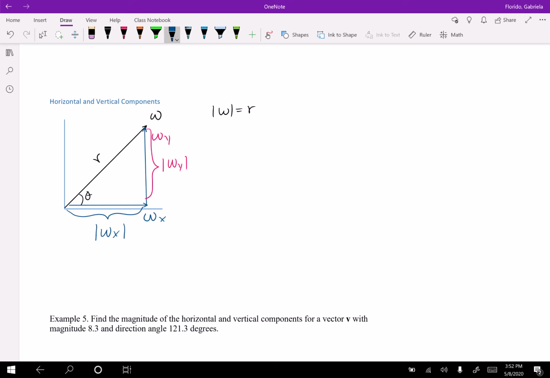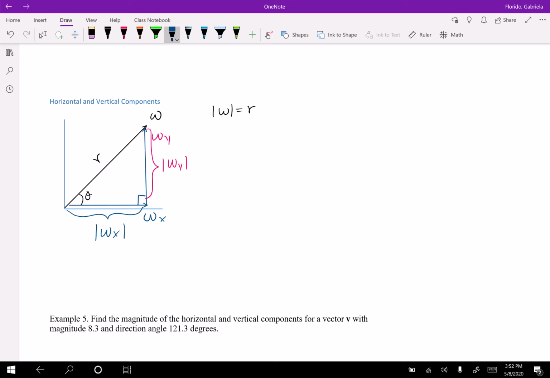And so if we use our trig, for example, the magnitude of Wy is opposite of my theta, and then we know the hypotenuse, or the length of my W here, and so we could actually use sine to find the magnitude of Wy in terms of theta and r.